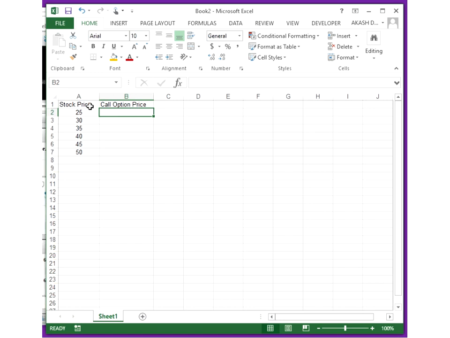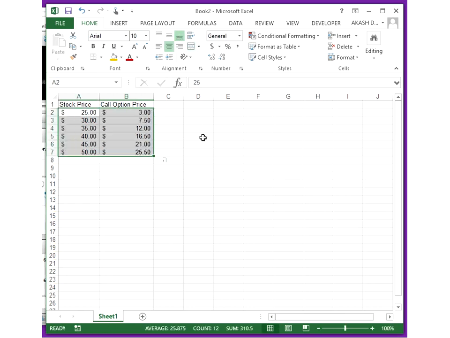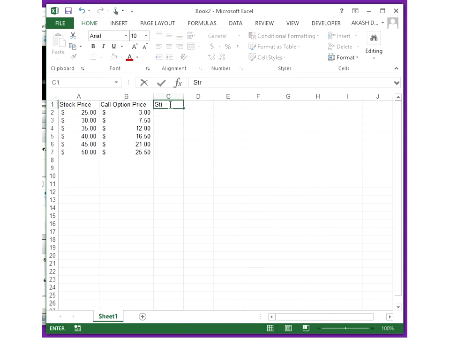Remember, the call option price would be the price of the option, and you have $3, 7.5, 12, 16.5, 21 and 25.5. For all of the cases, the strike price is $25.